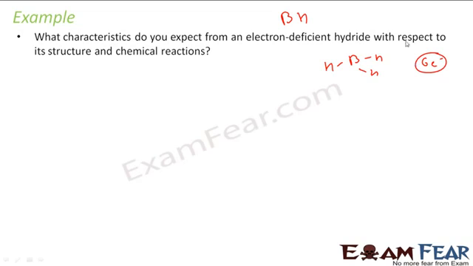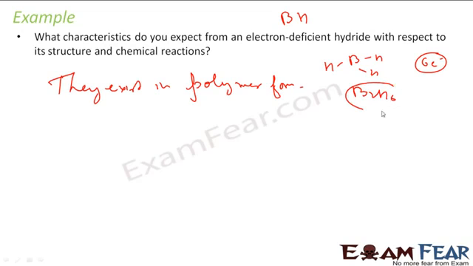Since they don't have 8 electrons, they will exist in polymer form. For example, B2H6, so it is (BH3)2, not BH3 to the power twice. Same thing, AlH3 also exists in (AlH3)n form.